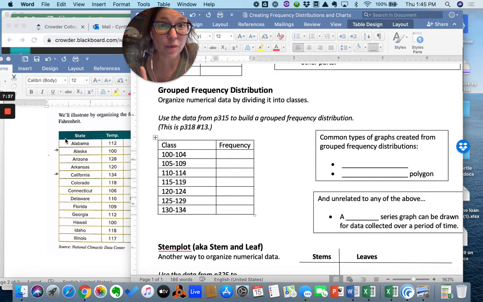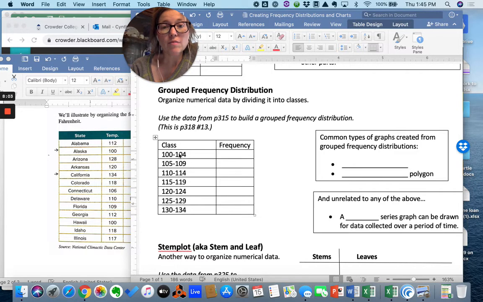I'd like to point out one more thing. It's just a coincidence that my lowest number is a boundary number and my biggest number is a boundary number. It's okay if your boundary number is a little bit bigger. Like if my biggest number was 132 instead of 134, I would still want this to go all the way up to 134 because I want every single class to be the same size.